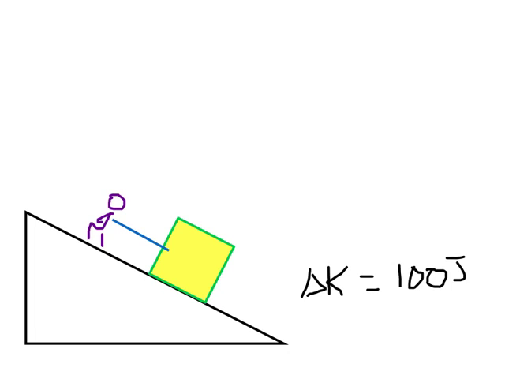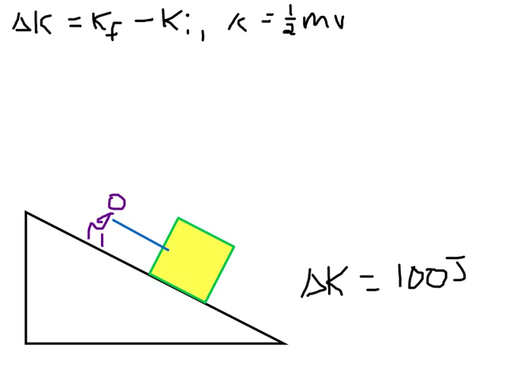So I'd like to check that the change in kinetic energy in this situation is equal to 100 joules. So here's a reminder. Change in kinetic energy is equal to the final kinetic energy minus the initial kinetic energy. And kinetic energy is calculated by 1/2 times the object's mass times the object's velocity squared.